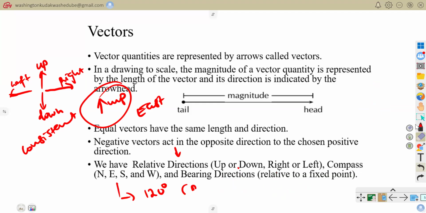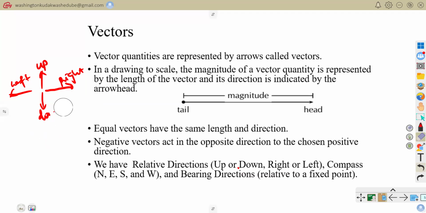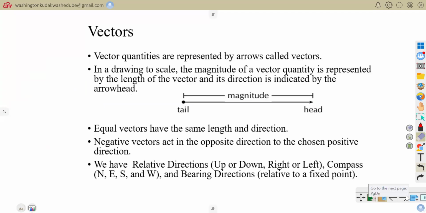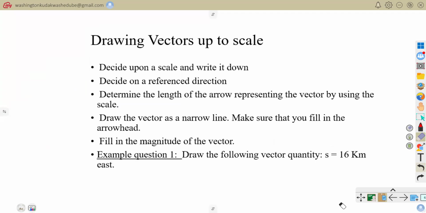We can either define our direction in terms of relative direction, or else we can use the compass, or else we can use the bearing. But the normal notation becomes relative direction or compass direction. That is what we usually use. And if you choose either of those, please make sure that you are consistent with your choice.